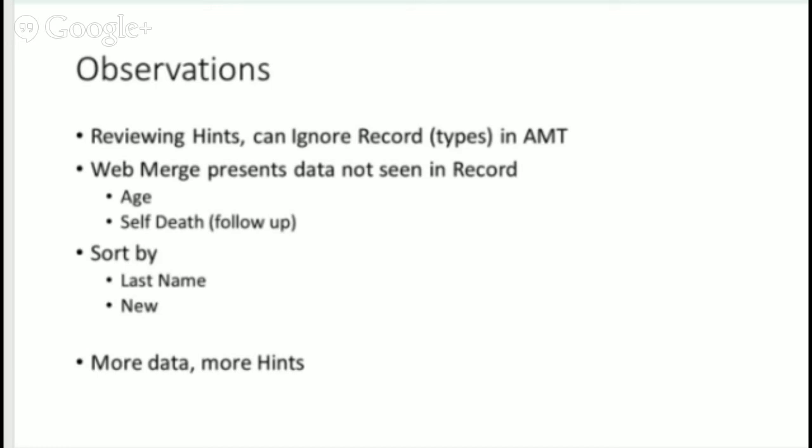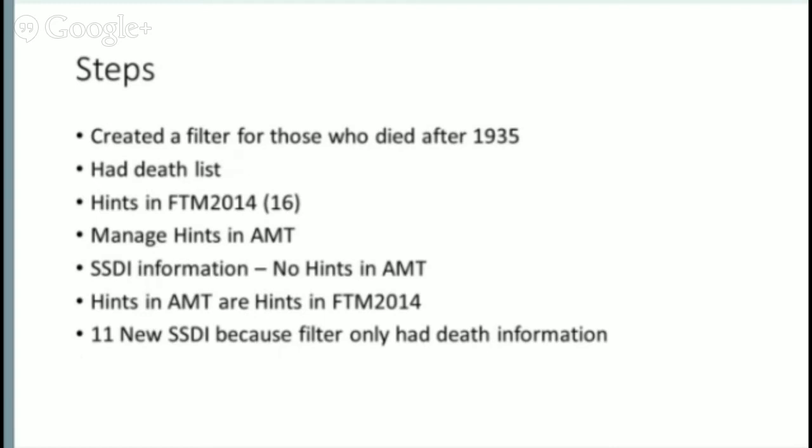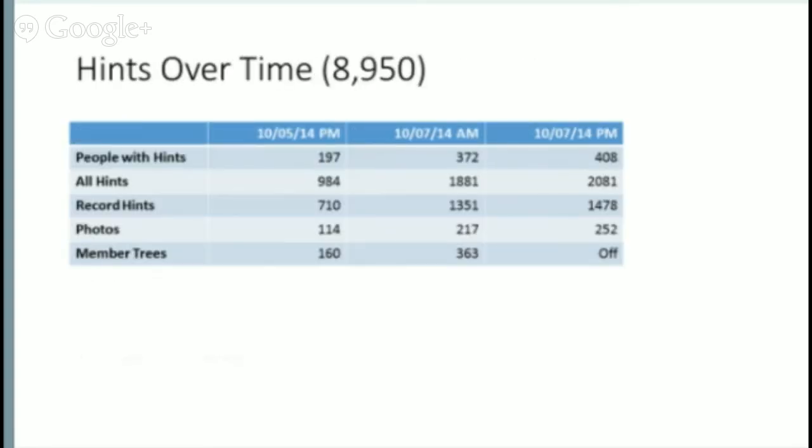I just showed you how I sort the Ancestry member tree by last name or the new hints. I did get more data. The more data that I upload, the more hints. And like I said, I gave you the numbers a few minutes ago of how those numbers of hints went up.